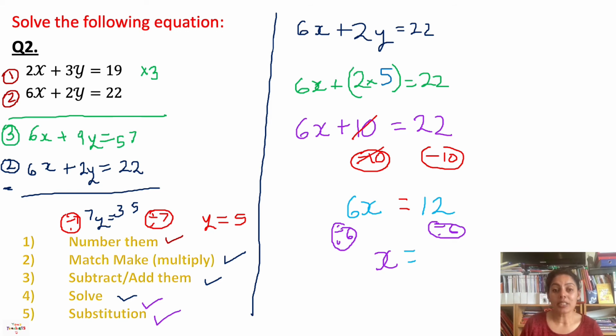So 6 divided by 6 is 1. We know that. And I don't have to put that 1 there, because x on its own also means 1. And 12 divided by 6 is 2. Hooray!